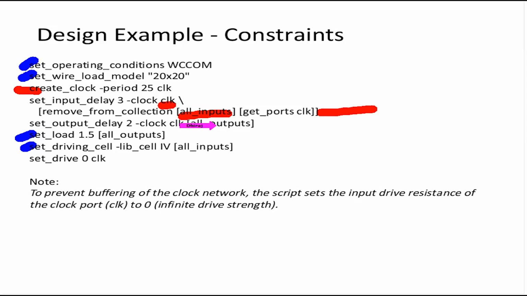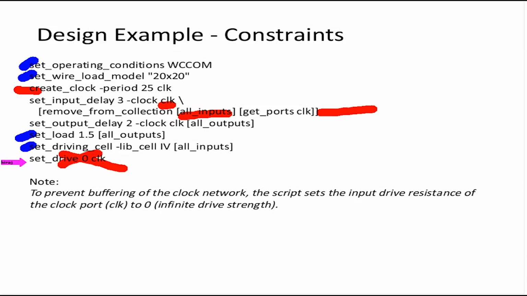That is why we should make sure that DC does not fix anything on the clock network. This command tells DC to do exactly that. It is telling DC that the drive is 0 on the clock. That means the clock port has an infinite drive strength, so please do not fix it. In the newer versions of Design Compiler, there is no need to give this command. You can choose to ignore this.